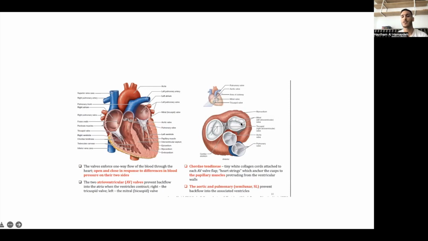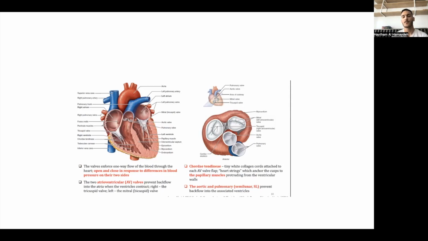The bicuspid is also called the mitral valve. They open and close in response to differences in blood pressure on the two sides. This means that the semilunar valves close due to the difference in pressure between the pulmonary circuit and the aorta and the ventricles.